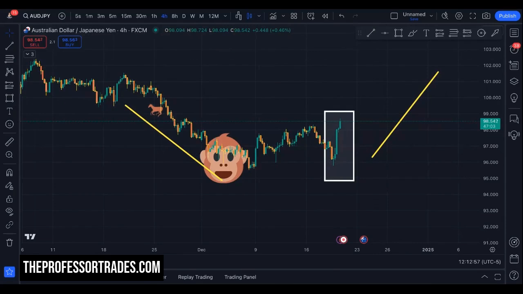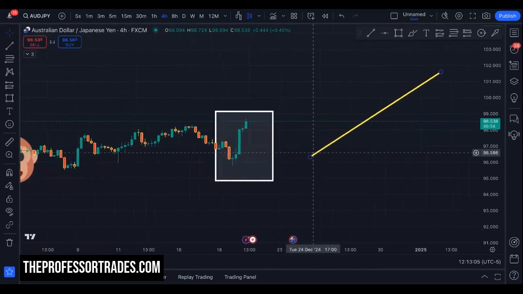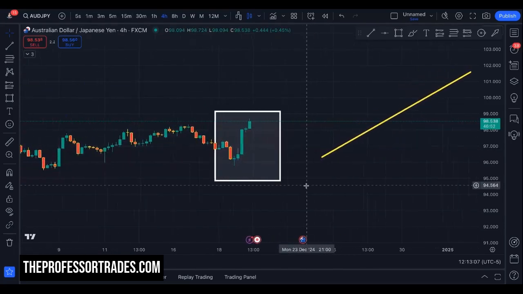Whichever one is the stronger one is going to go in that direction. Now, I want you to focus in on this little white box, because there are certain tools that you can use to get an idea of what is going on. What I'm about to show you, in case you've never seen it, is not 100% concrete, because nothing is.